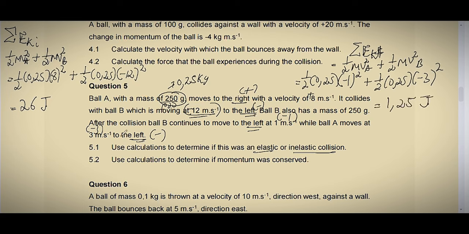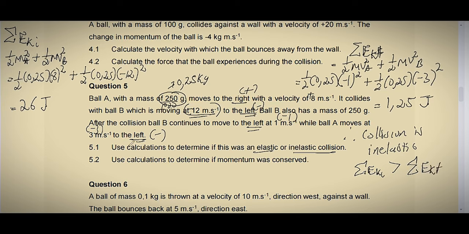Now looking at this, we can tell that obviously this collision is inelastic because there was a loss of kinetic energy. So we're just going to go ahead and say, therefore, the collision is inelastic. Why? Because the sum of EK initially is actually greater than the sum of EK final.